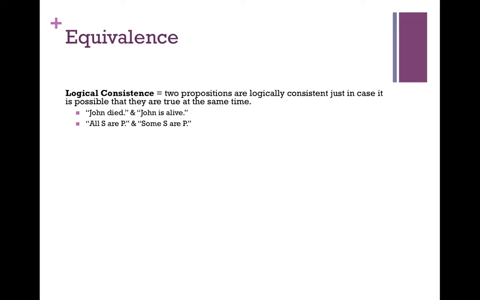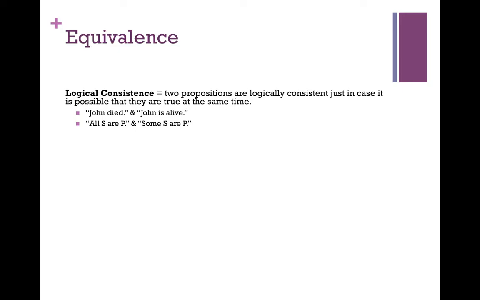Or take the following two propositions: All S are P and some S are P. Quite clearly, these don't mean the same thing, and they're not true under all sets of circumstances, but there is at least one set of circumstances under which these would be true at the same time. Since it's possible for them to be true together, these statements are logically consistent.